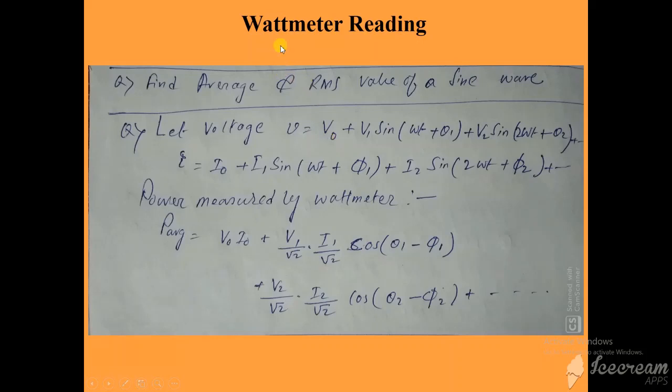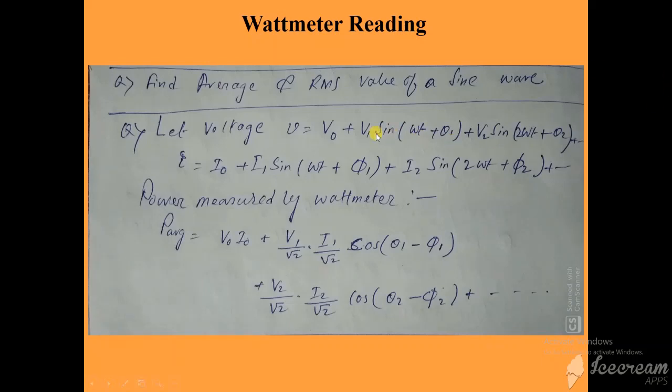So what the wattmeter reads actually, as we have already seen in our theory, we multiply voltage and current, and that will give us instantaneous power, and the average of the instantaneous power over one complete cycle will give the wattmeter reading or the average power or the true power, right?